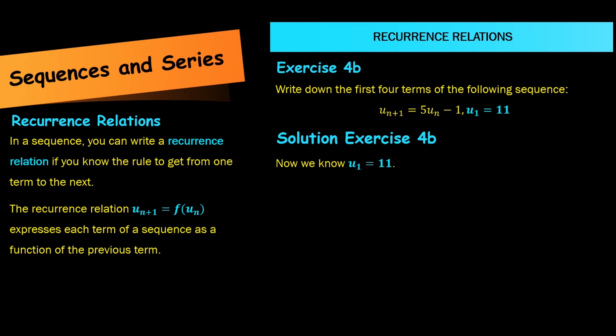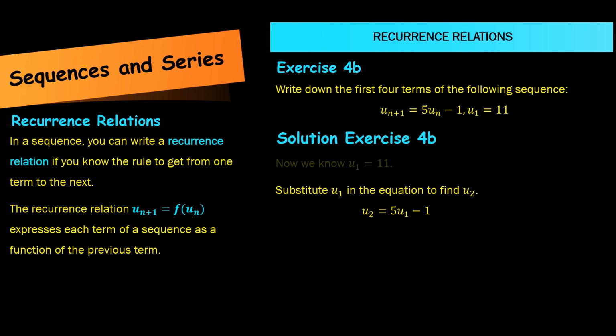We can substitute u1 in the equation to find u2. So we have u2 equals 5u1 minus 1 to begin with. We've substituted n equal to 1 in the recurrence relation to obtain this equation for u2. Giving us 5 times 11 minus 1, which equals 54.